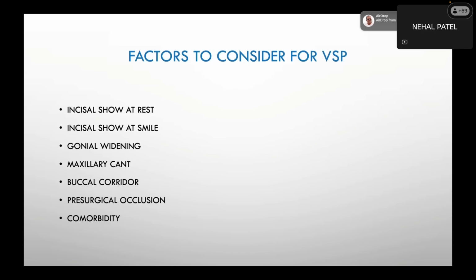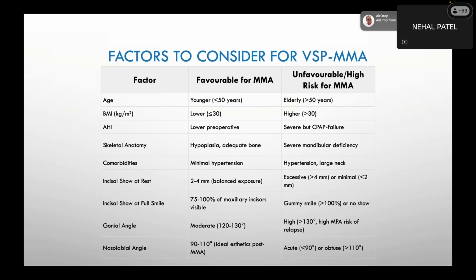So when we analyze the patient, we analyze incisal show, corneal widening, maxillary cant, buccal corridor, occlusion, and comorbidity. And these are the factors which play a major role.